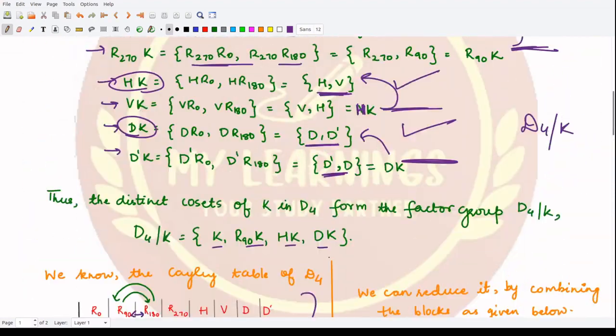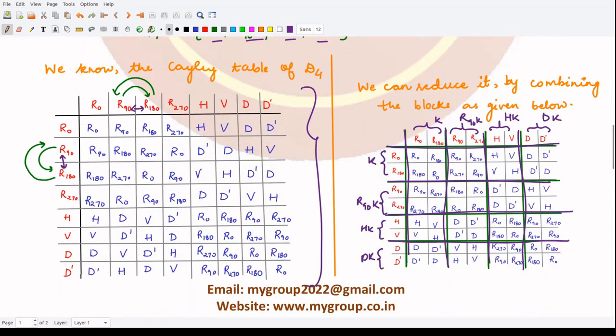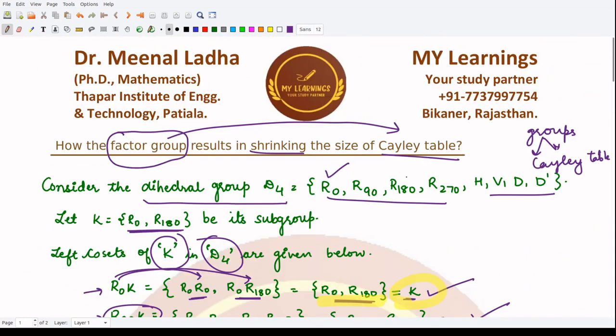Because in our coset only two elements were present, we have combined two elements at a stretch into one. So in this case our Cayley table shrinks to just half of the group table of D4. I hope you understood this result and this very interesting property of factor groups well.